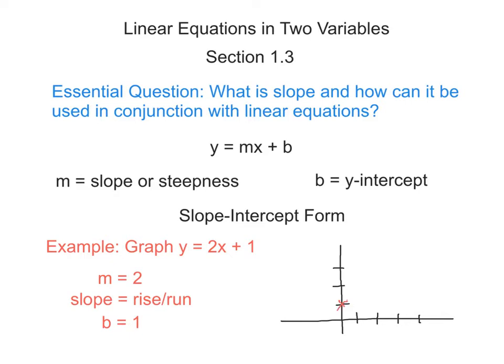So that's one point where it goes through. Now, I know the slope is 2. That means the rise, or the change in y, is 2 for every 1, which puts me over here. And it goes through (0, 1) and (1, 3).